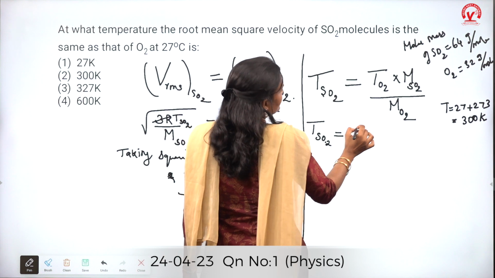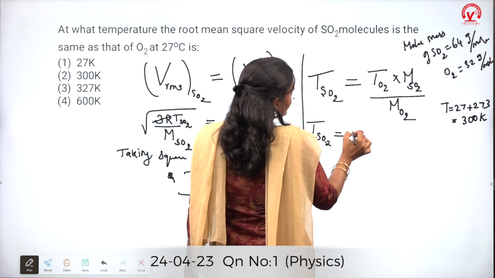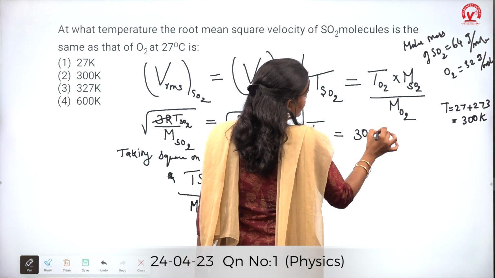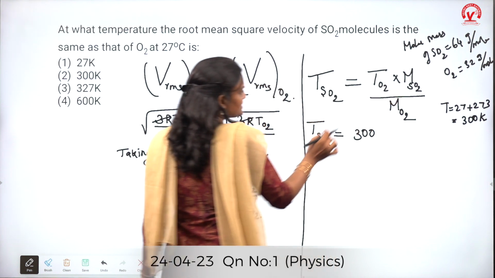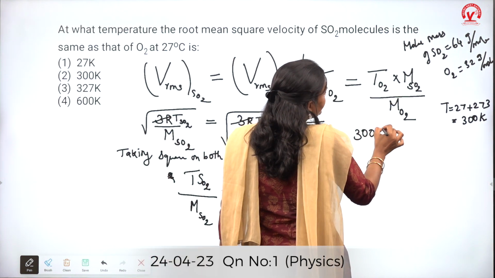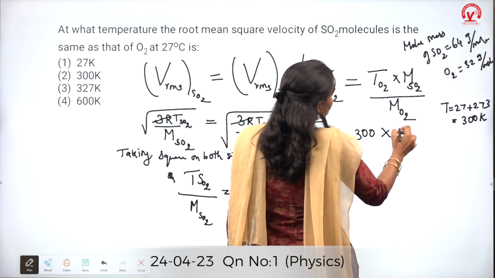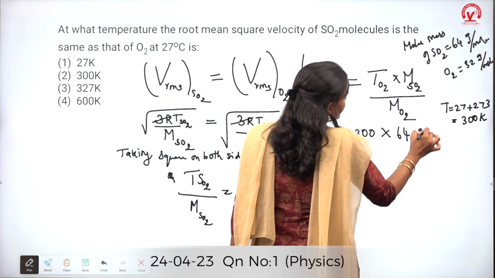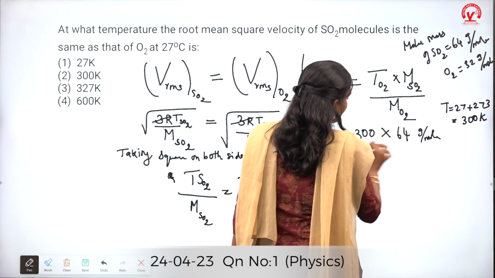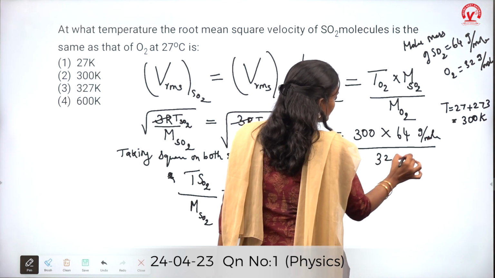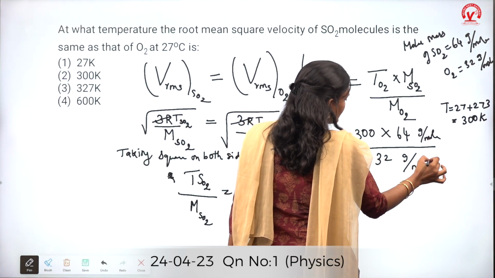Temperature of oxygen is 300 Kelvin, into M of SO2, 64 gram per mole, divided by 32 gram per mole.